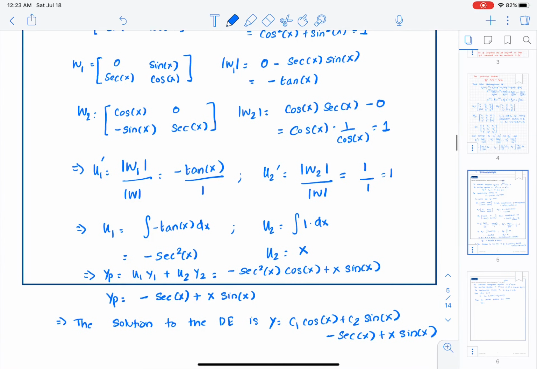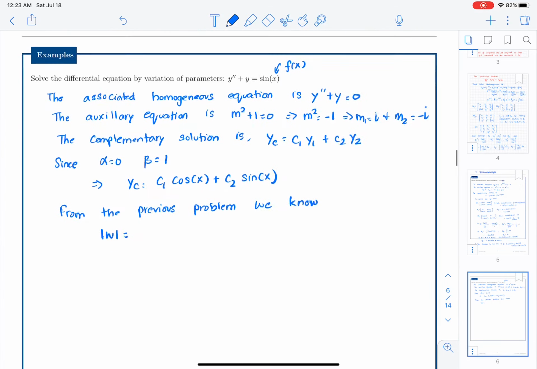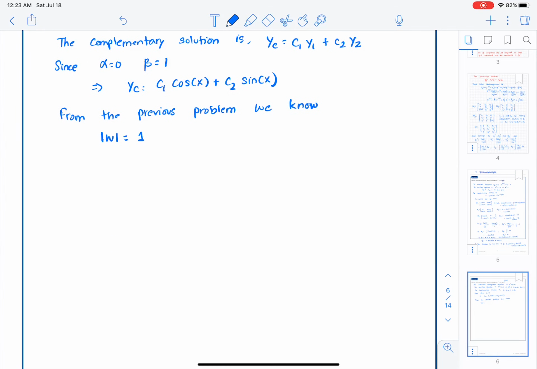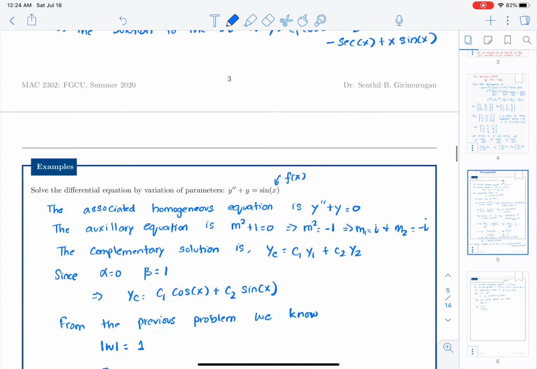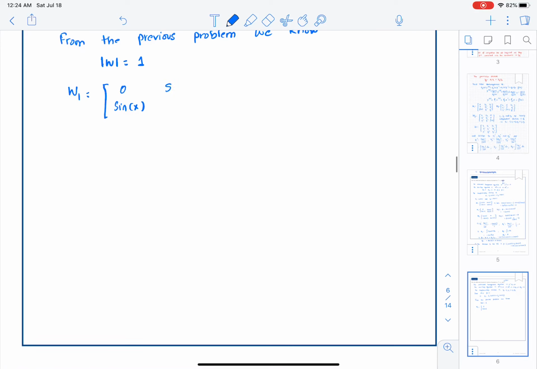It's 1. However, w1 will change because we're going to plug in 0 and sine x now. And here we have sine x and cosine x. So the determinant is negative sine squared x.